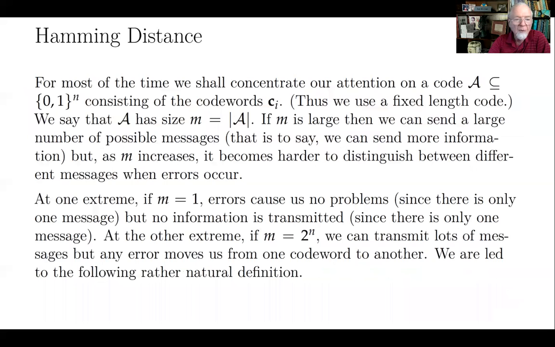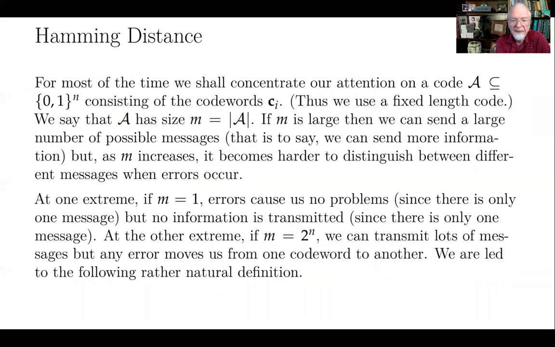So we'll always be looking at codes that are 0 and 1 and some combination of them. And we're going to say that the size is m.